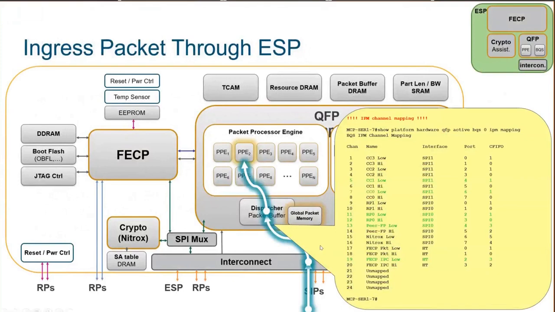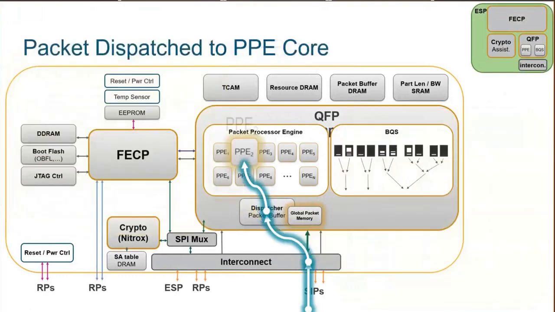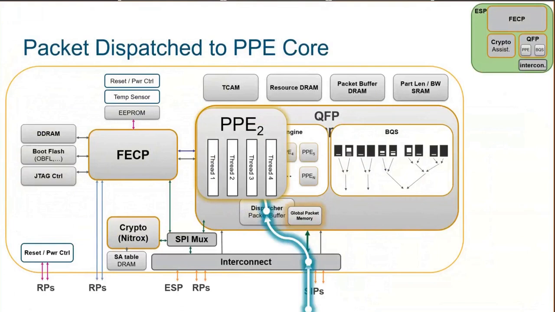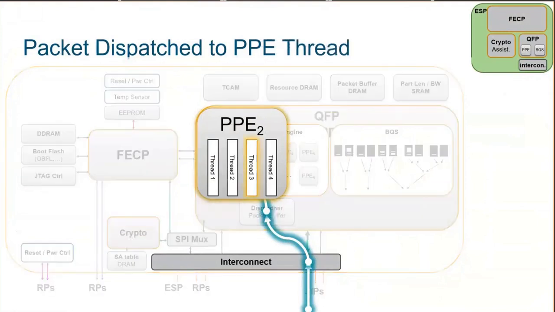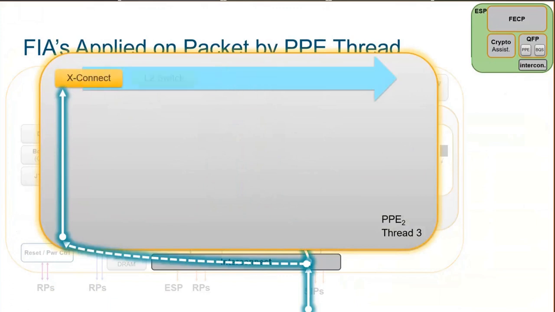So once the packet is handled by the packet processor engine, each packet processor engine will have multiple threads. One of the threads will handle that packet. I was telling about the feature invocation array, right?